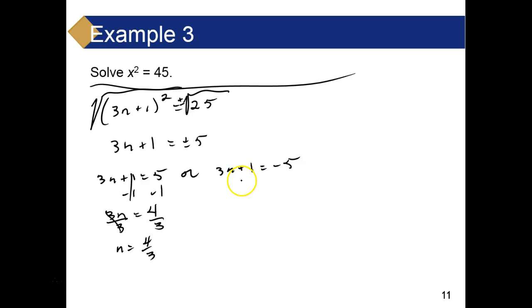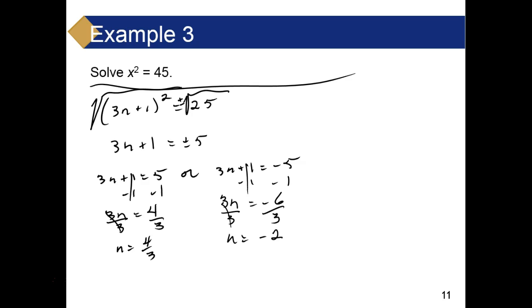What do we do with it? Okay, subtract 1 from both sides. That gives us 3n, so that goes to 0, is equal to -6. Divide by 3, and that gives us n is equal to, say again? -2 over 1, which is -2. Very good. Right?